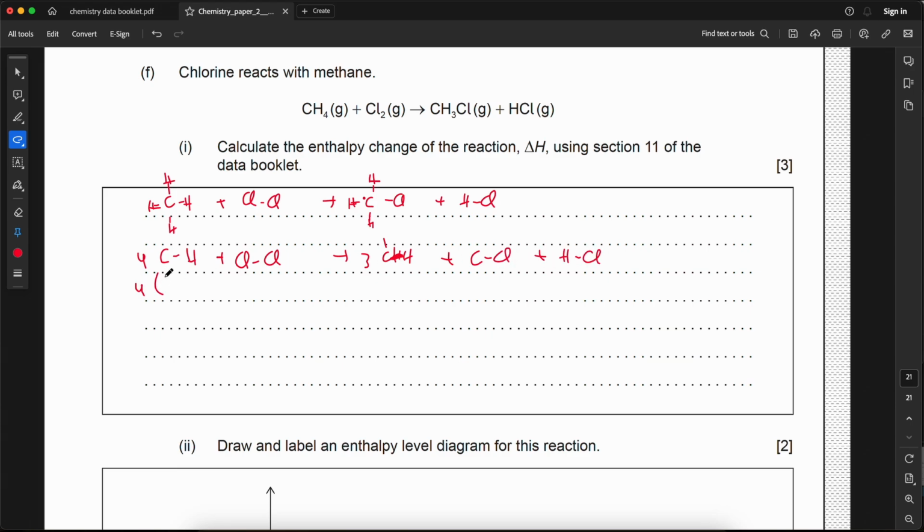That would be 4 times 414 plus 242, producing 3 times 414 plus 324 plus 431. Here the total is 1898, and this one is 1997. So delta H will be 1898 minus 1997, that would be negative 99 kilojoules.